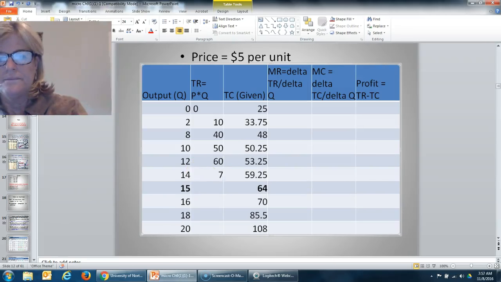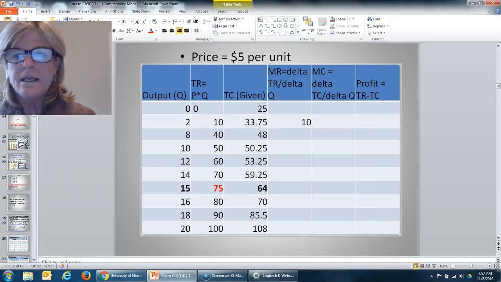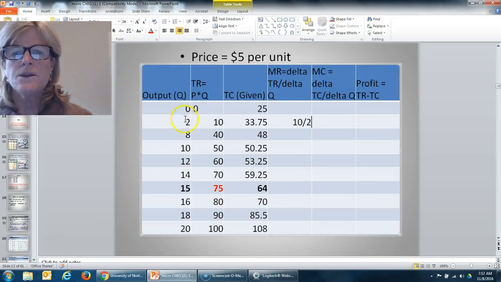Good. Marginal revenue. It's the change, which is delta. Delta means the change in total revenue over the change in output. As we go from 0 to 2, the additional revenue goes from 0 to 10. So the additional revenue will be 10 and the additional output will be 2.